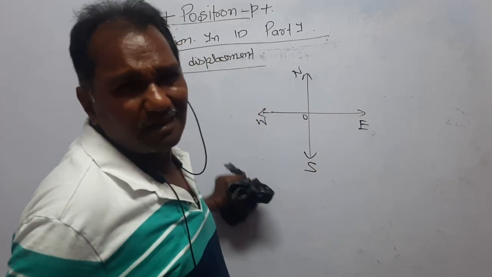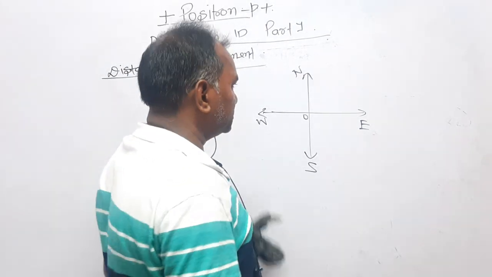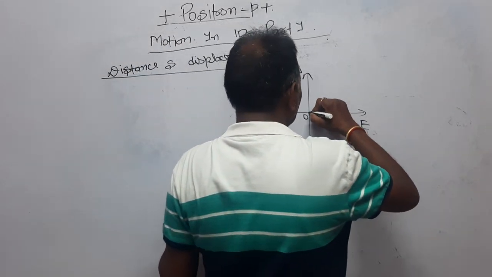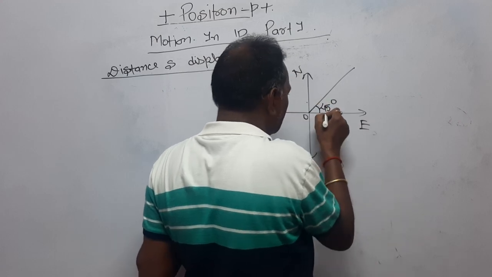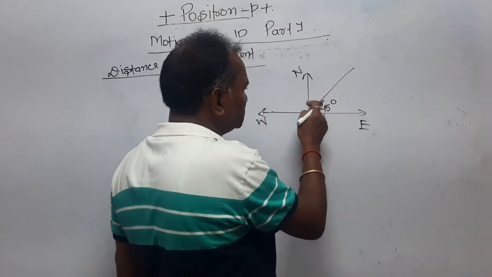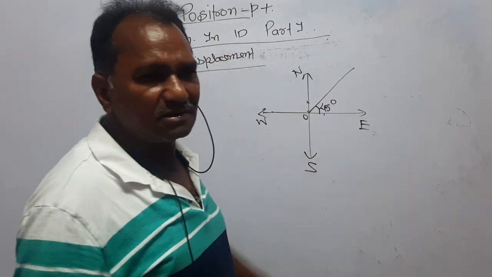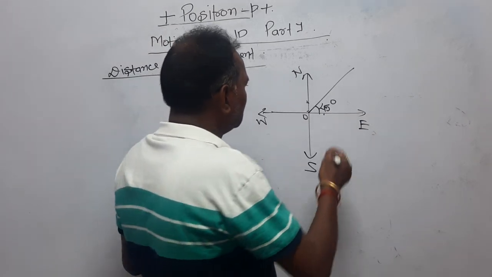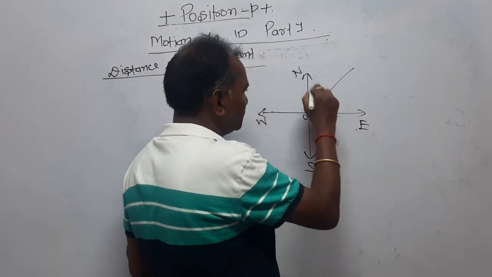If it is said the body travels 50 meter northeast, northeast means making 45 degree, just at the mid of this 90 degree angle, bisecting it. So northeast is 45 degree either from east or from north.